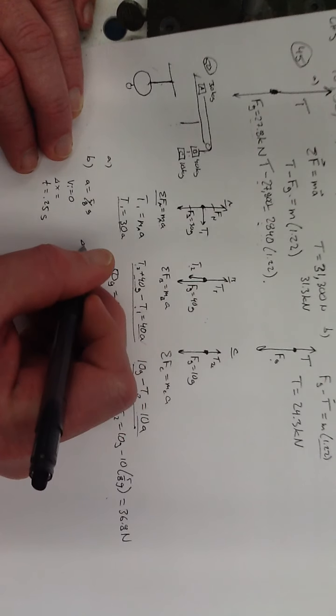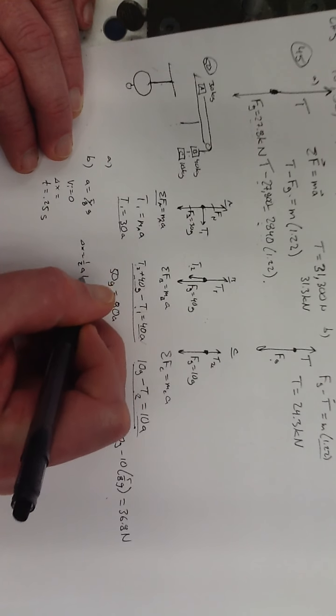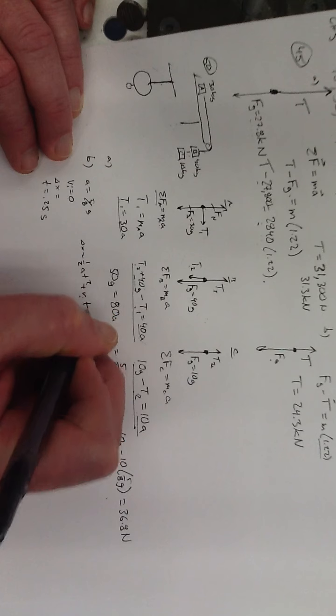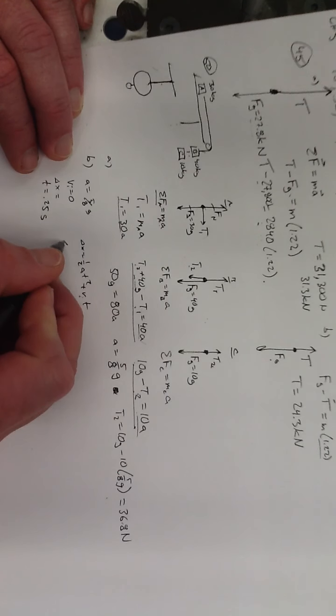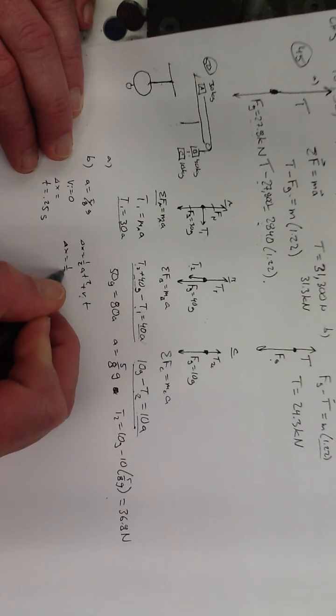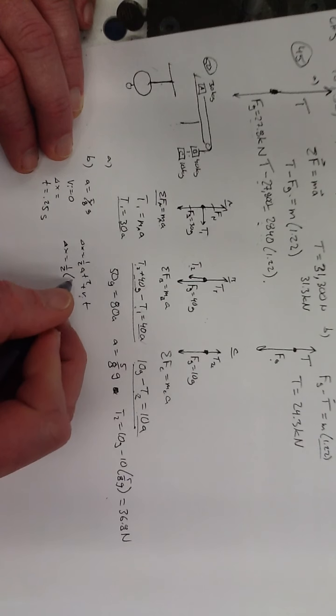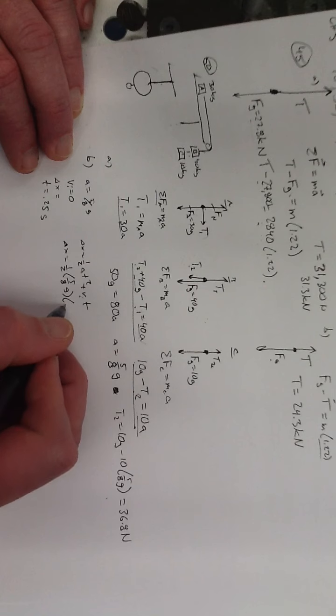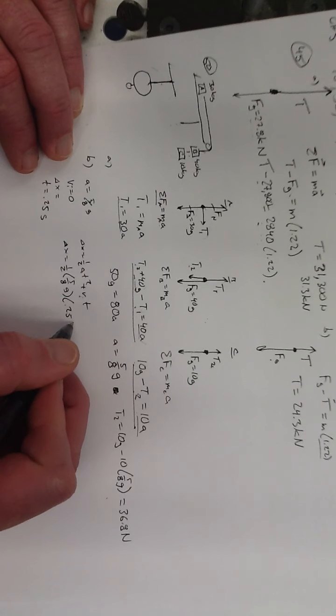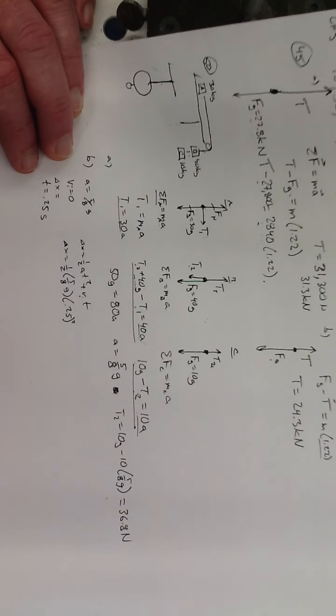So the v_i t term is 0 here, so delta x is equal to 1/2 times the acceleration times the time squared.